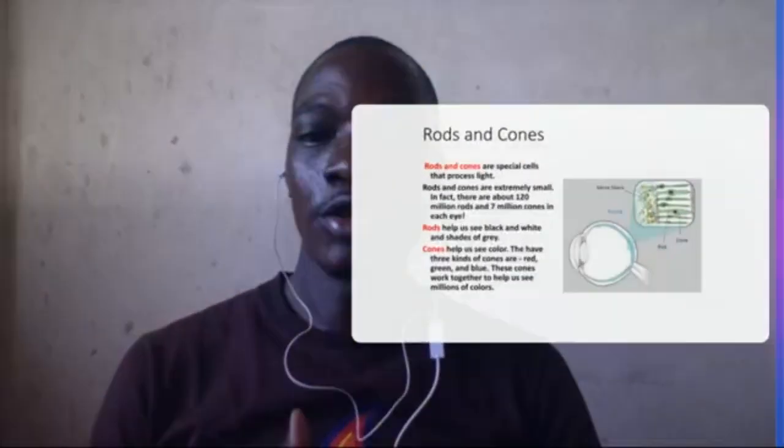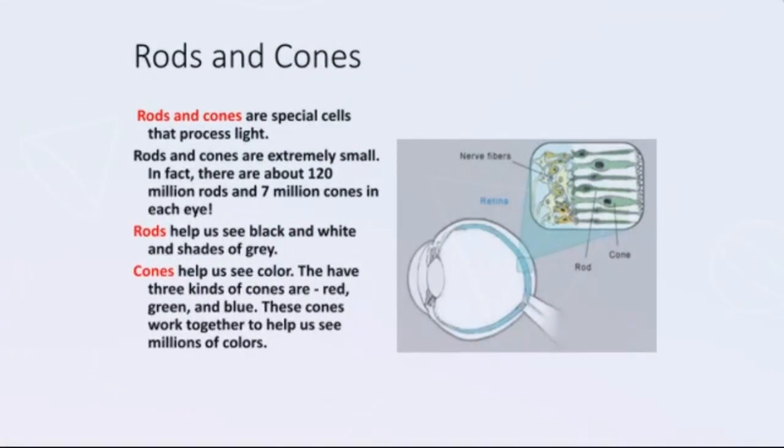They are highly specialized, and they process these different colors for us to be able to tell whether that is green, blue, or whatever kind of color. The three basic colors that the cones use are red, green, and blue, and through combinations of these colors we can tell apart over a million colors. That is how specialized these cells are.